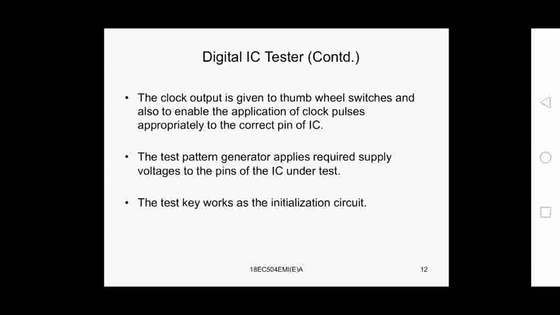For the IC to work correctly, we have to give the clock pulse to the thumb wheel switches such that it enables the application of clock pulses to the correct pin of the IC.